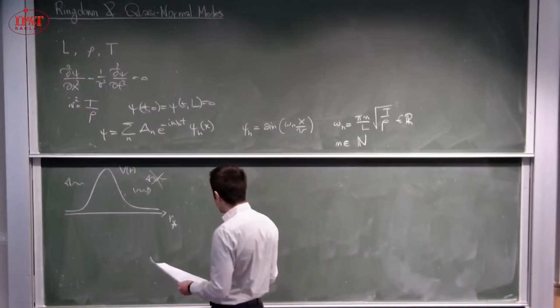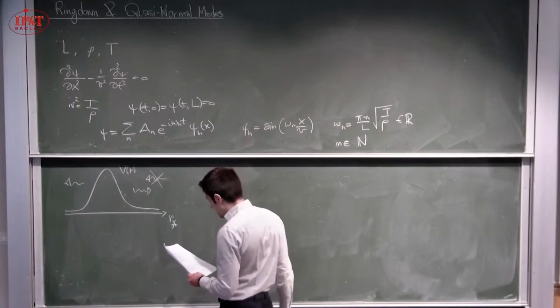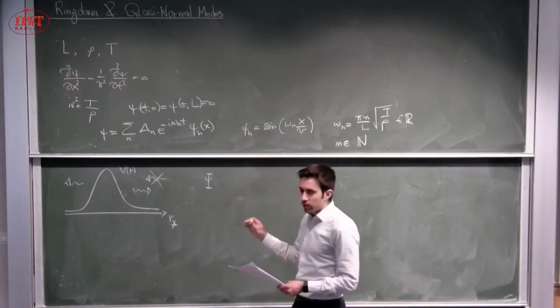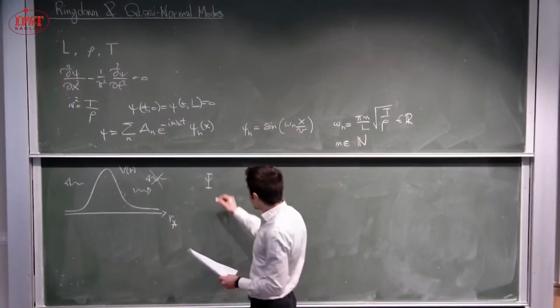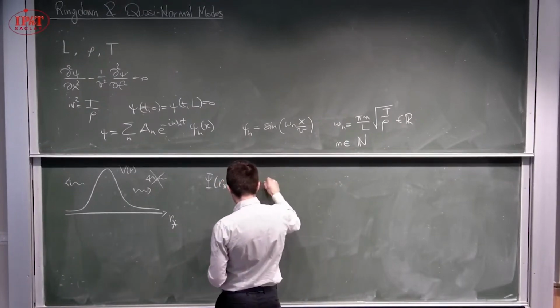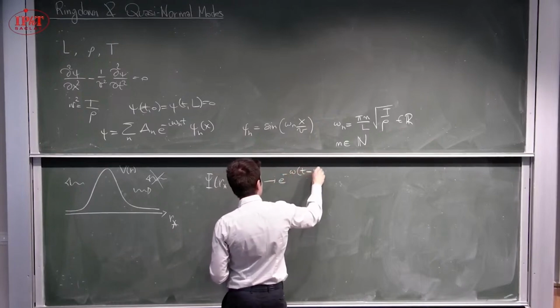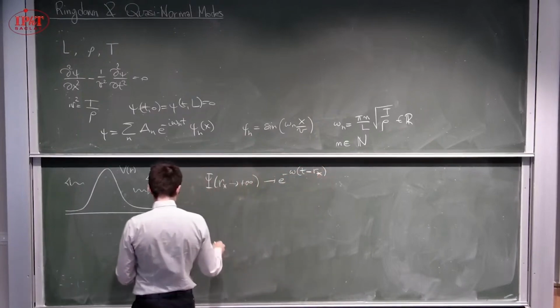But in practice, what we will impose is that if we have the capital Psi, which is either, if you want, the Regge-Wheeler or Zerilli field, as r star goes to plus infinity, this has to go like e^{-iω(t - r*)}.